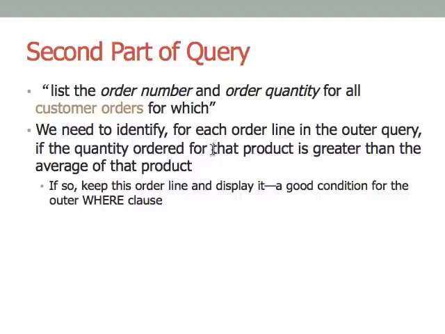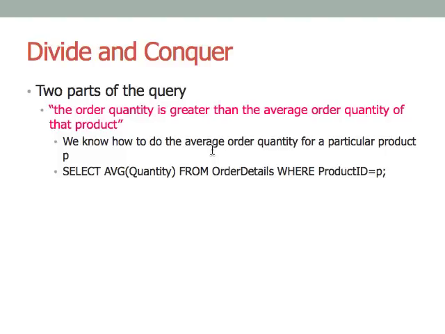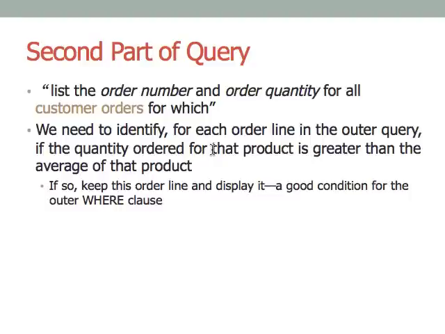So we want to list orders where products have been ordered more than the average order quantity for that product. So it is a filter on the lines, but we have to run that filter using the query that we have looked at here, comparing it with the average. So let's look at that.